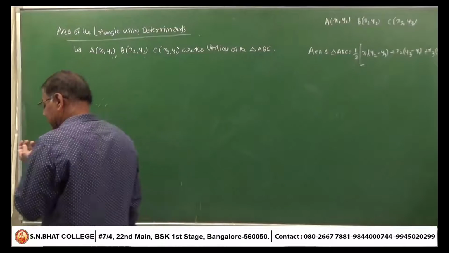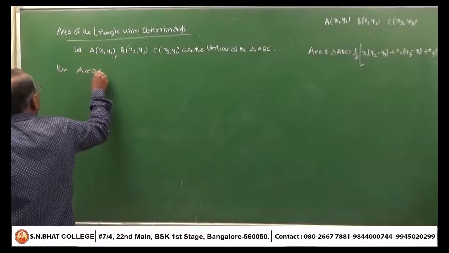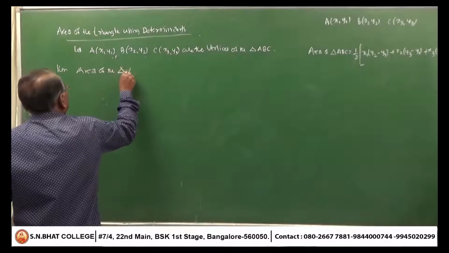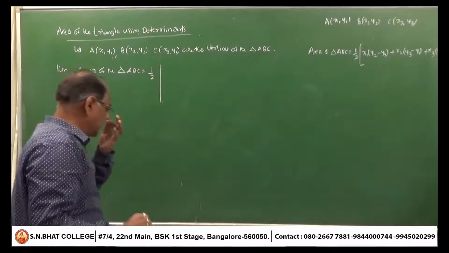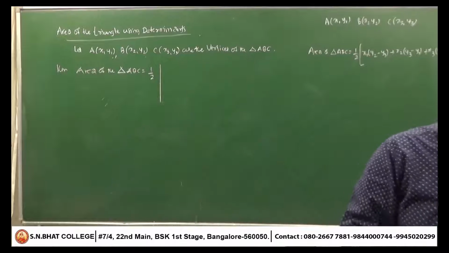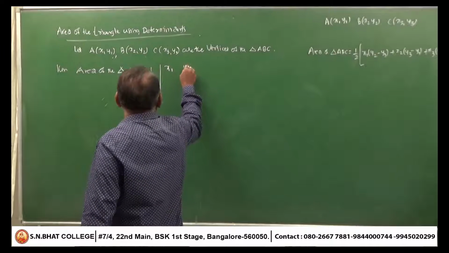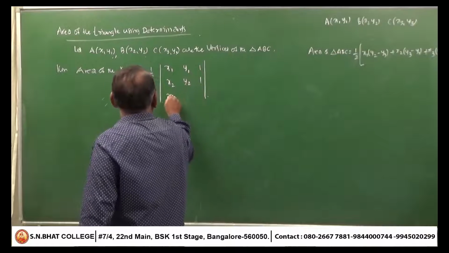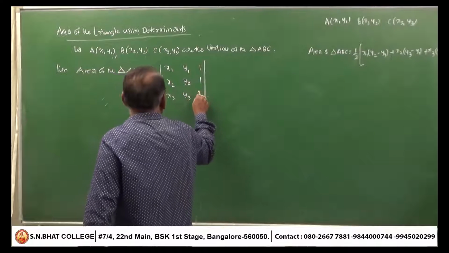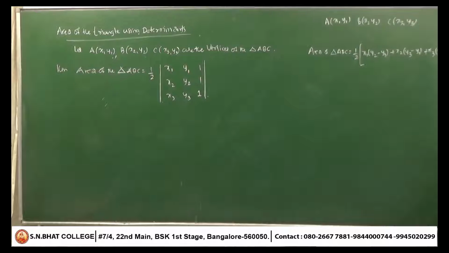Then the area of the triangle ABC is given by half into the determinant of x1 y1 1, x2 y2 1, x3 y3 1. This is the formula to find the area of the triangle using determinants.